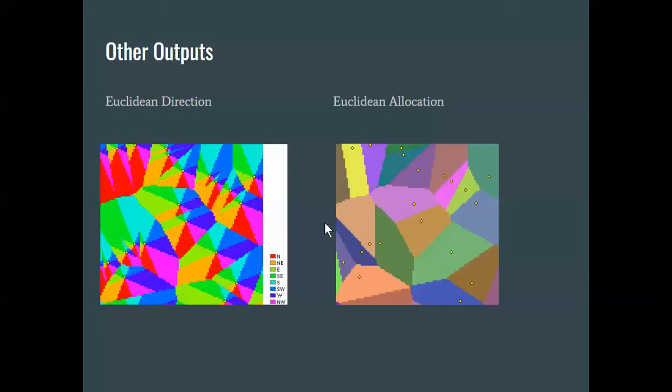So not only do we know, in this case, the distance for, let's say, this pixel, we know what direction back to its source. And then if we come over here, we can say, well, all of these pixels went to this source. And so in distance, we typically end up with 3 raster data sets that help us understand distance: Euclidean distance, then Euclidean direction, and Euclidean allocation.